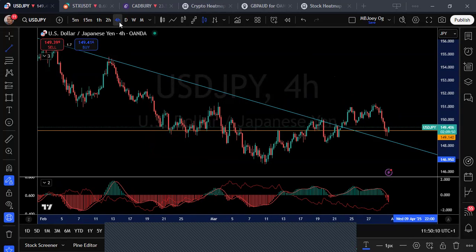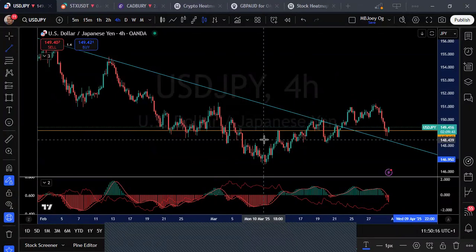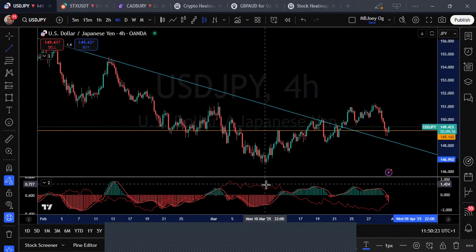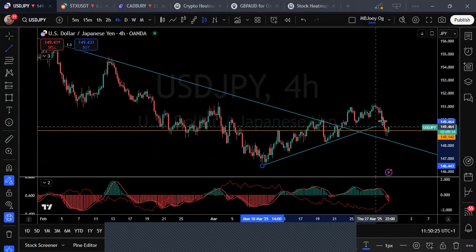If we look at it on this lower time frame, the same thing you have been doing from the higher time frame is the same thing you are still going to continue to do here. In this case, we have an upward trend here.